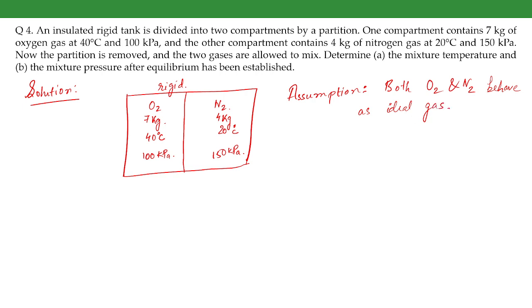Now from the energy balance, this is a closed system, right? There is no mass that is crossing the boundary, so we can consider it as a system analysis rather than a control volume analysis.